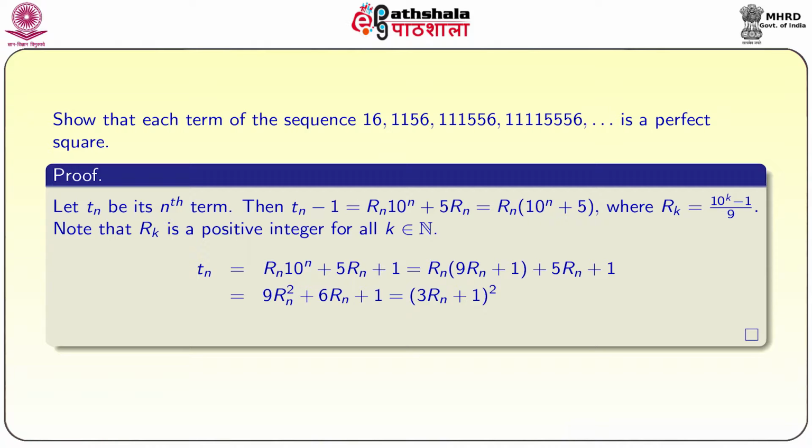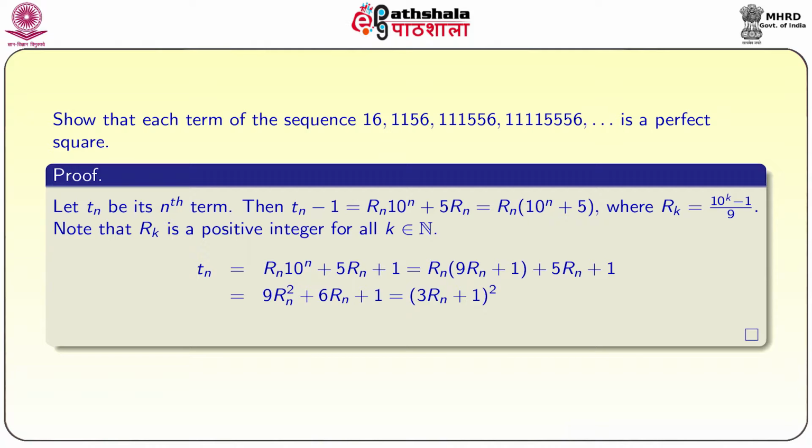For that we will proceed like this. Let T n be the nth term of the sequence. Then T n minus 1 is equal to R n into 10 power n plus 5 into R n, which is equal to R n into 10 power n plus 5. Here R k is equal to 10 power k minus 1 by 9. One can calculate easily what R k is.